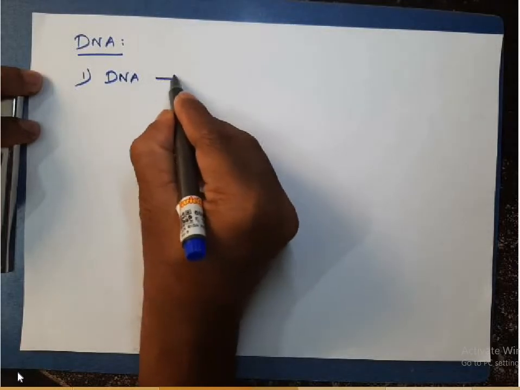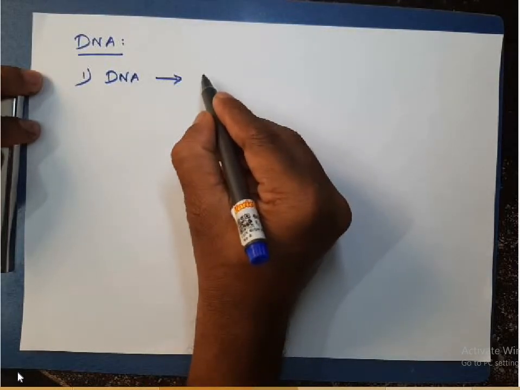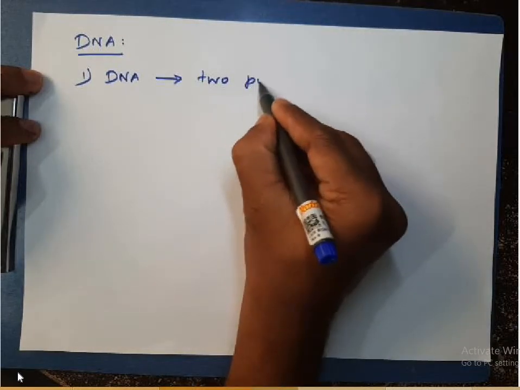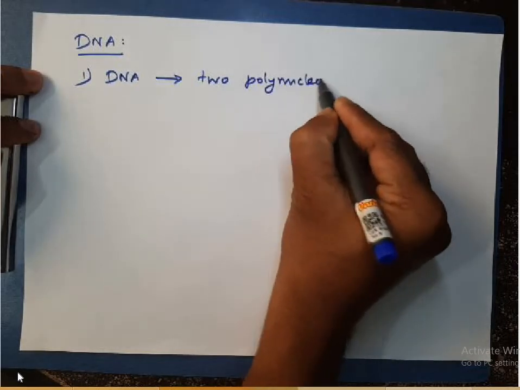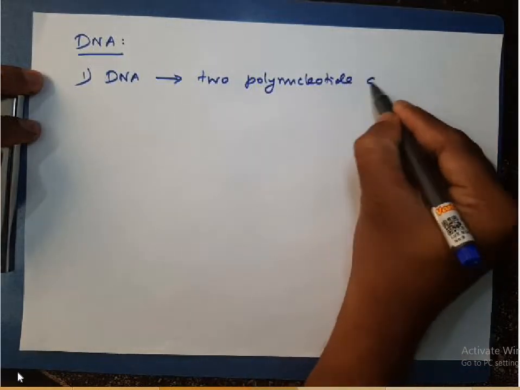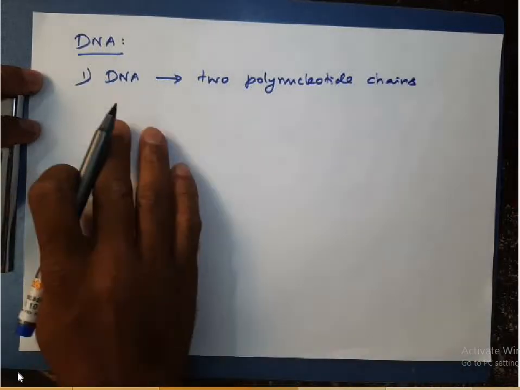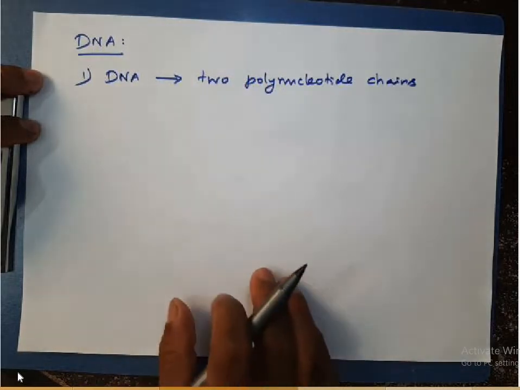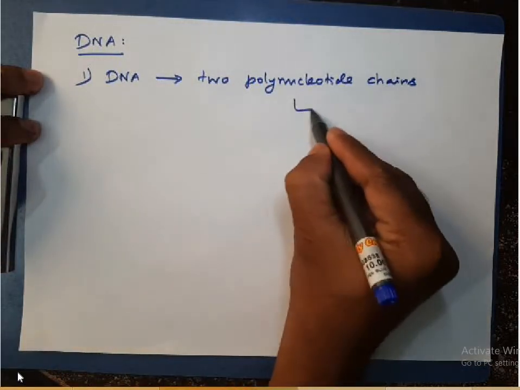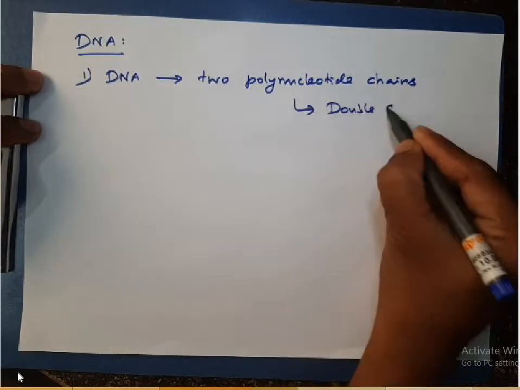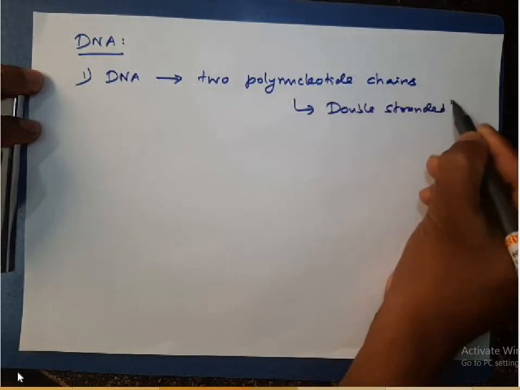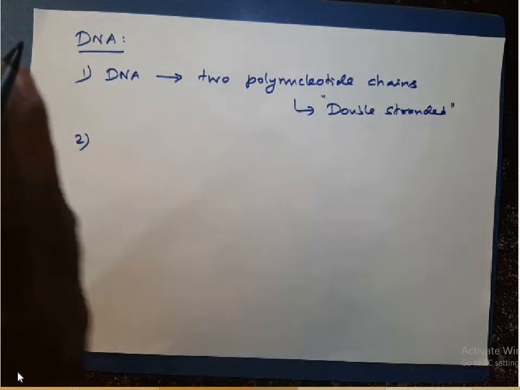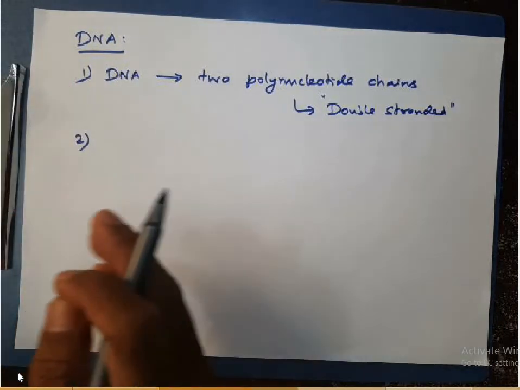DNA contains two polynucleotide chains. Each DNA molecule contains two polynucleotide chains, and that's why it's called double-stranded. And the two chains wind around and exist as a helix.